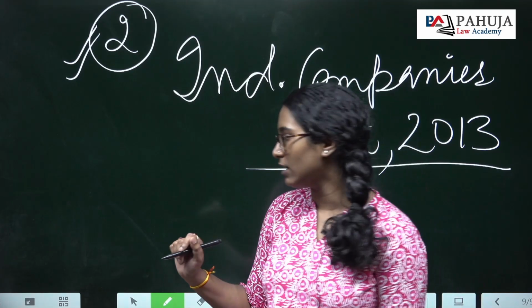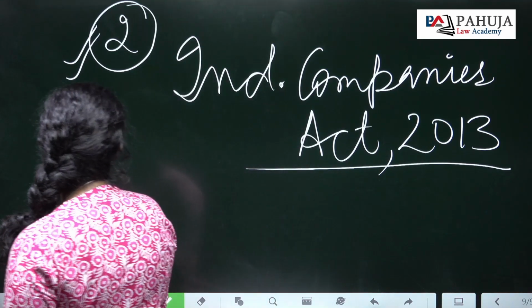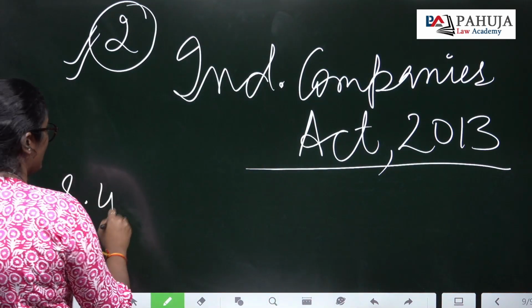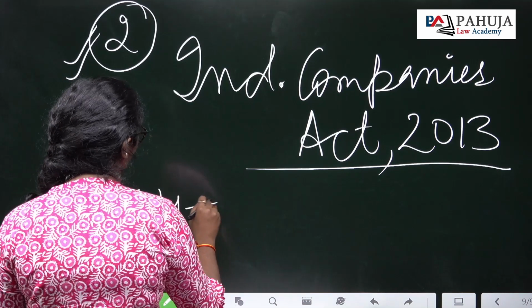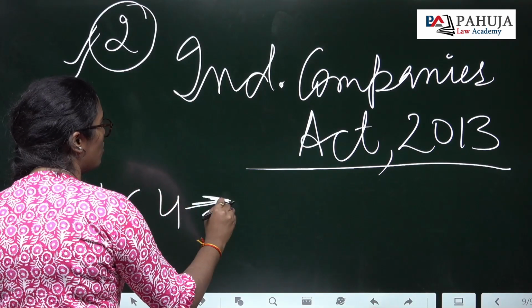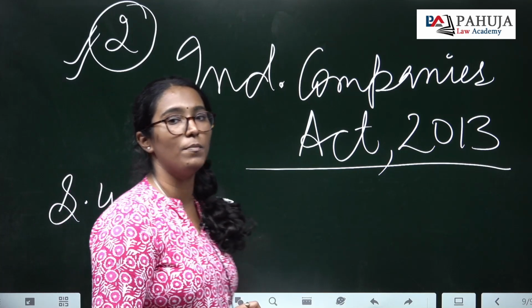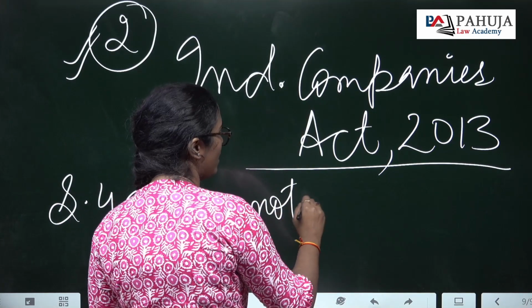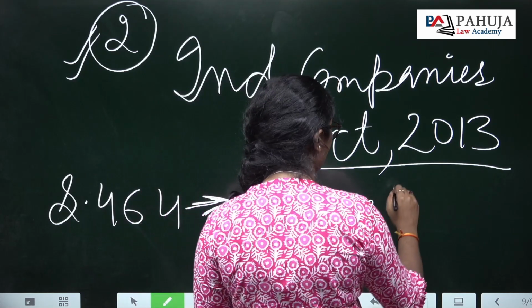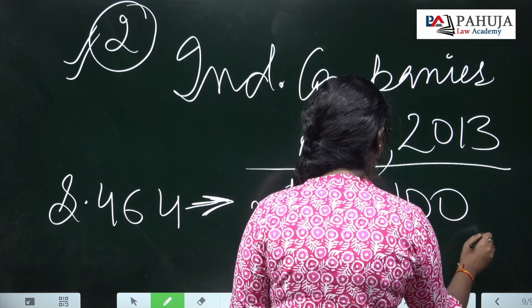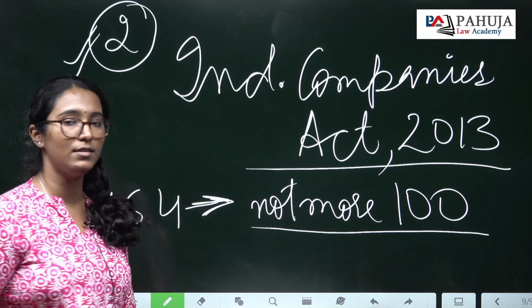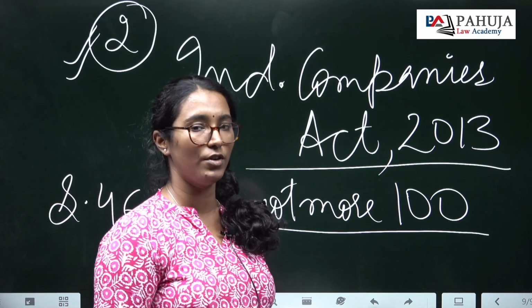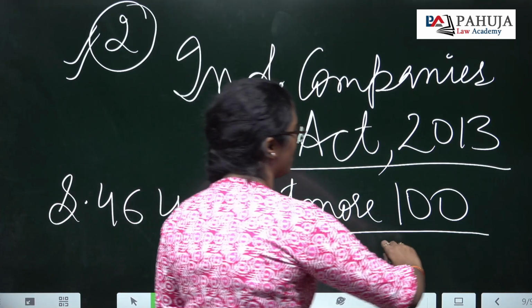The Companies Act 2013 states in its section 464 that not more than 100 persons can form a partnership, which means that the maximum number of partners in a partnership firm is 100.